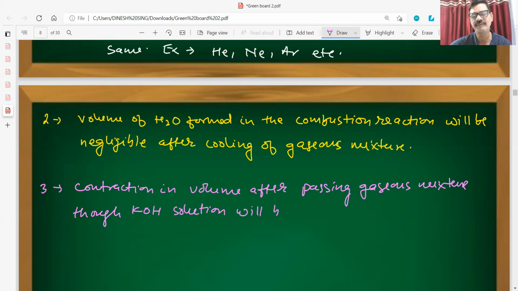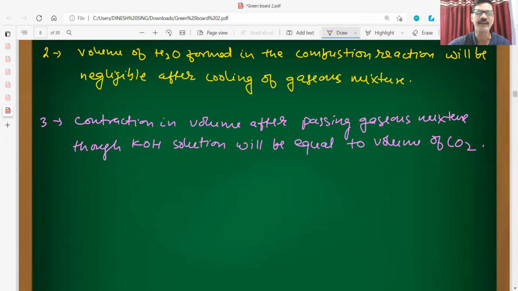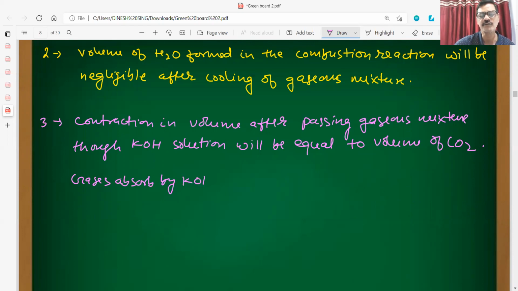It will be equal to the volume of CO2 basically, and some other gases can also be absorbed. Which gases are absorbed by KOH solution?